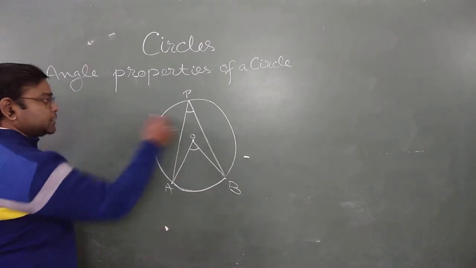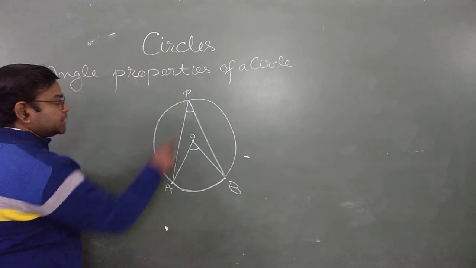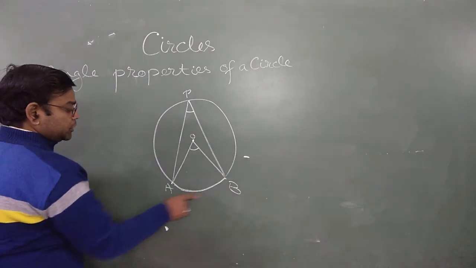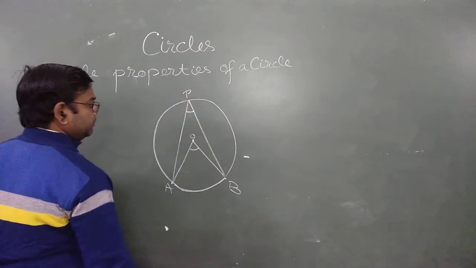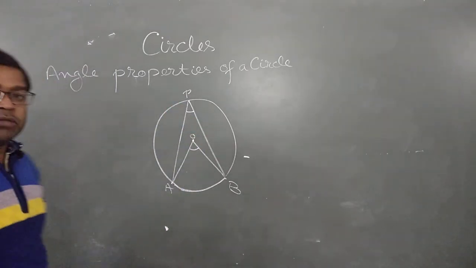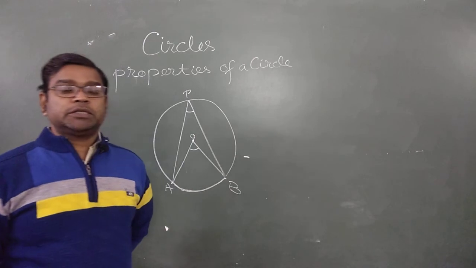Clear? And this is the angle at the circumference of the circle by using the arc AB. Here the angle is APB.